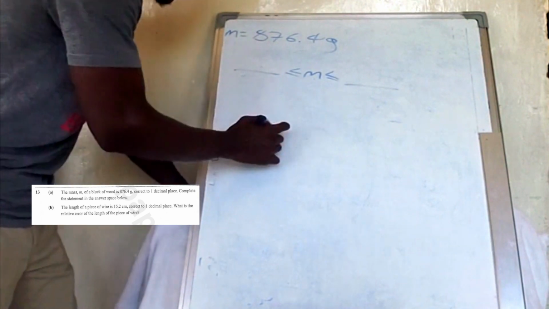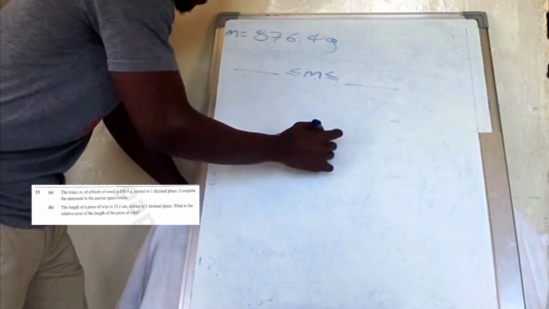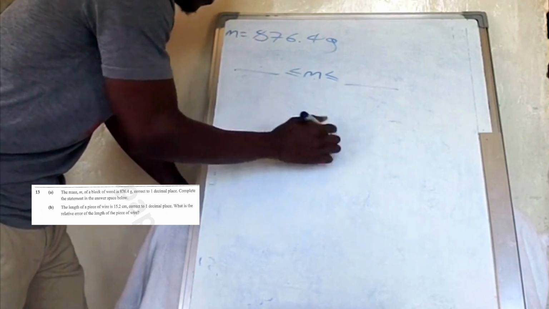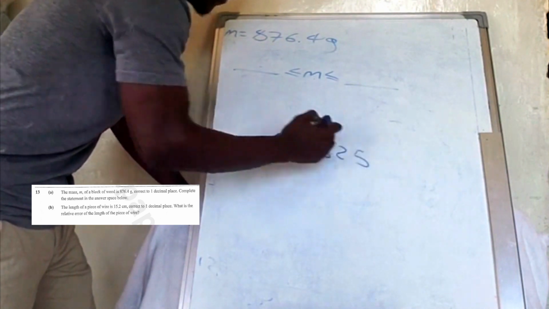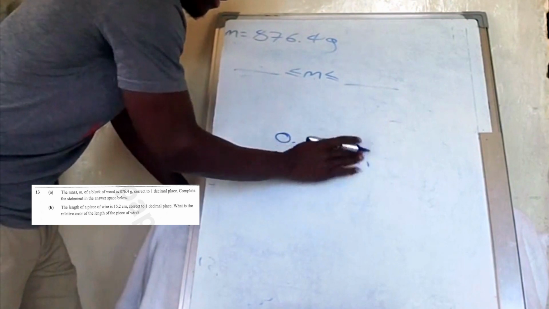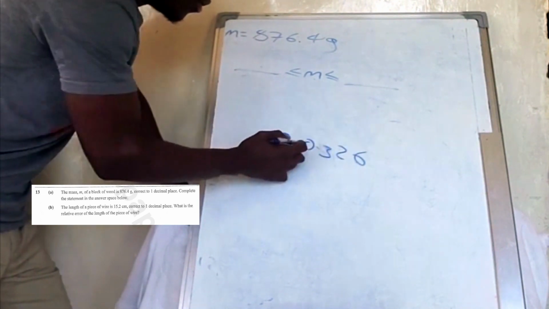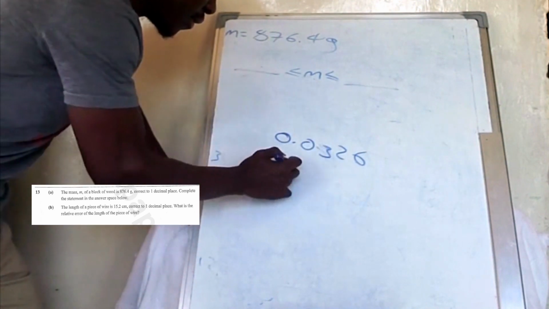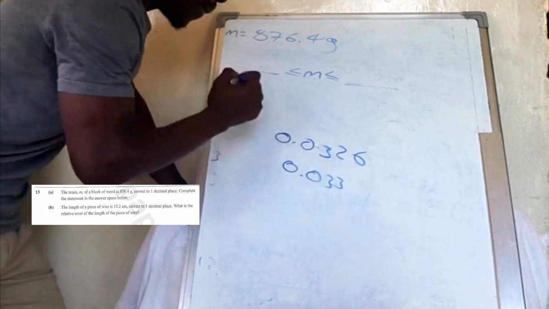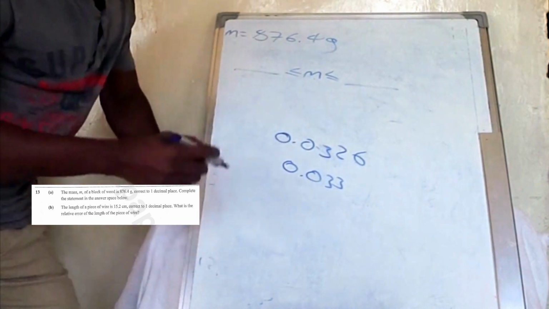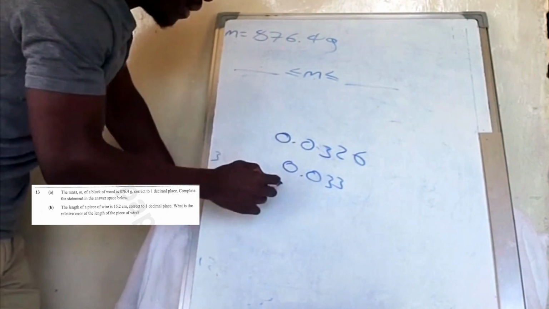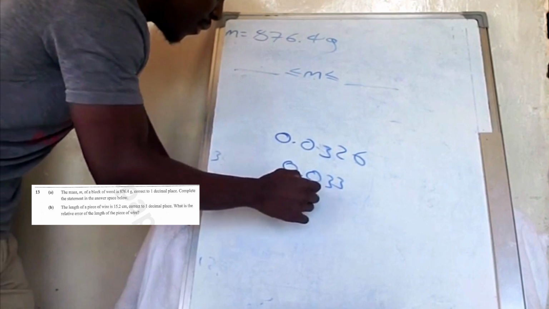Let's assume we've got 0.0325. Let's assume we've got 0.0326. If I ask you to round this off to 3 decimal places, you'd say it's 0.033. If I ask you to round it off to 2 decimal places, you would say it's 0.03.